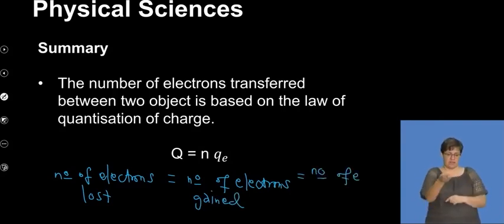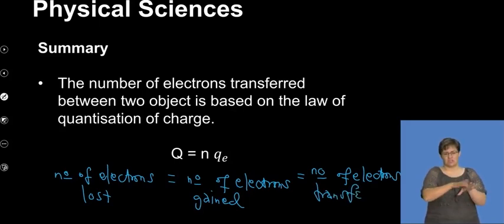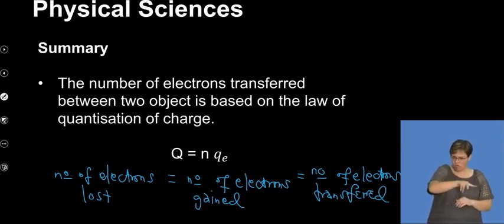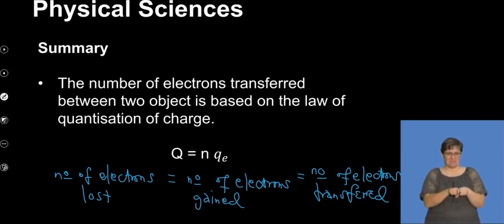For the net charge to remain constant, what is lost during the transfer must be equal to what is gained. That's the big idea in as far as this problem is concerned.